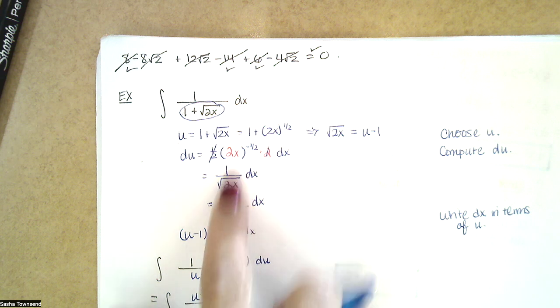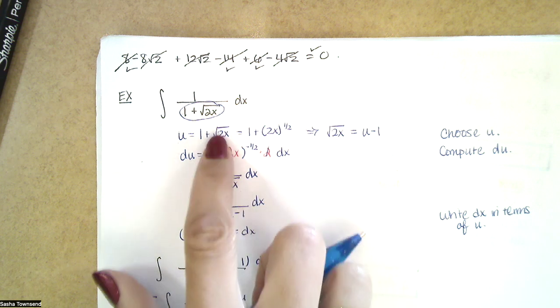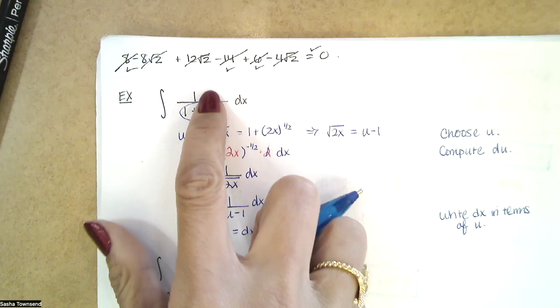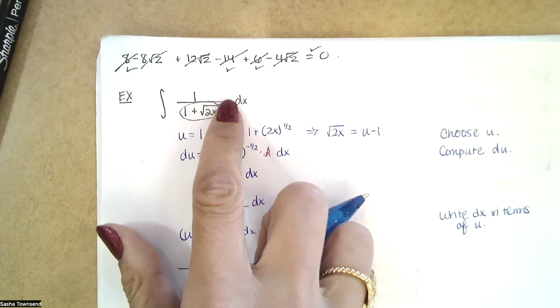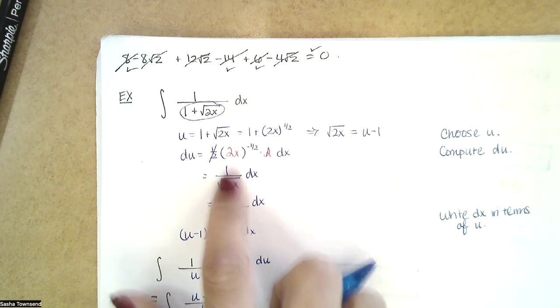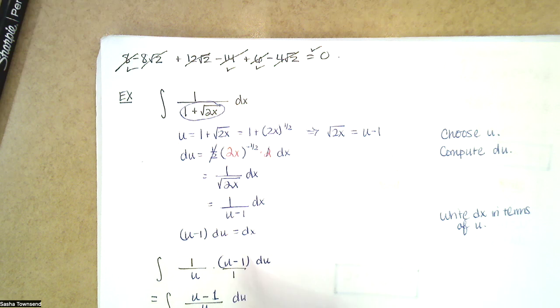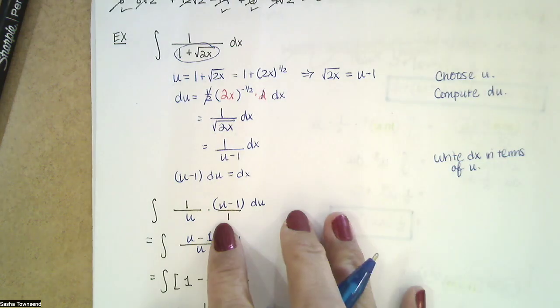But I was thinking, really, what do I have? I have a 1 dx. So I need to get 1 dx in terms of u. So I need to write this in terms of u and then multiply both sides by it to get dx by itself. And then we just substitute.